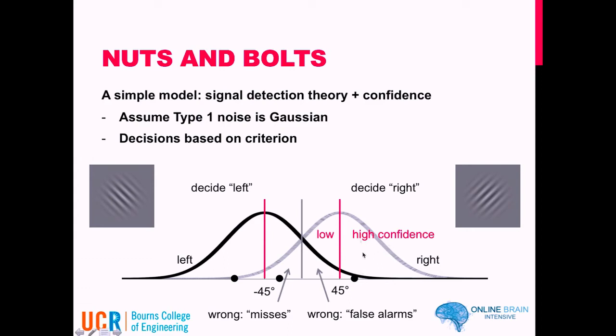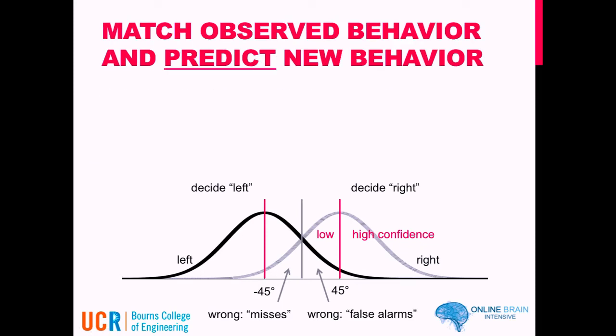So samples that fall in this region and likewise in this region would be rated as high confidence, and samples that fall in the intermediate regions would be rated as low confidence. So here we now have a correct high confidence trial, a correct low confidence trial, and an incorrect high confidence trial.